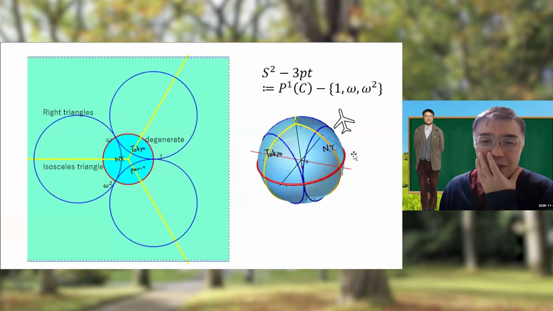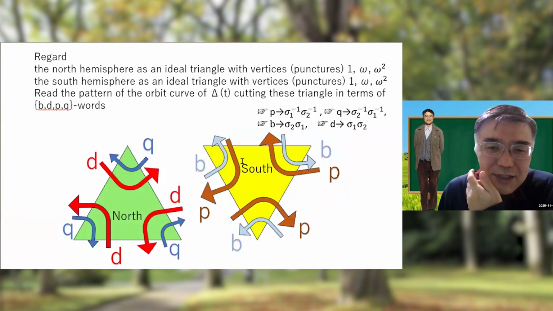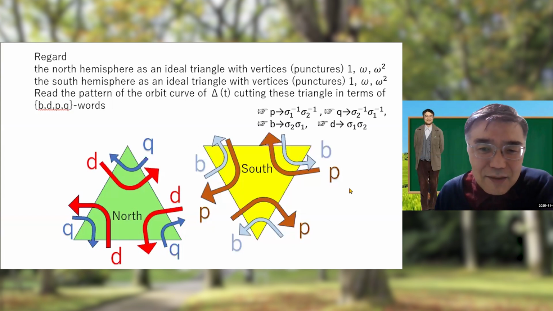So it's not like a triangle, but in the sphere geometry it's a north hemisphere and a south hemisphere, with 3 vertices 1, omega, and omega squared.